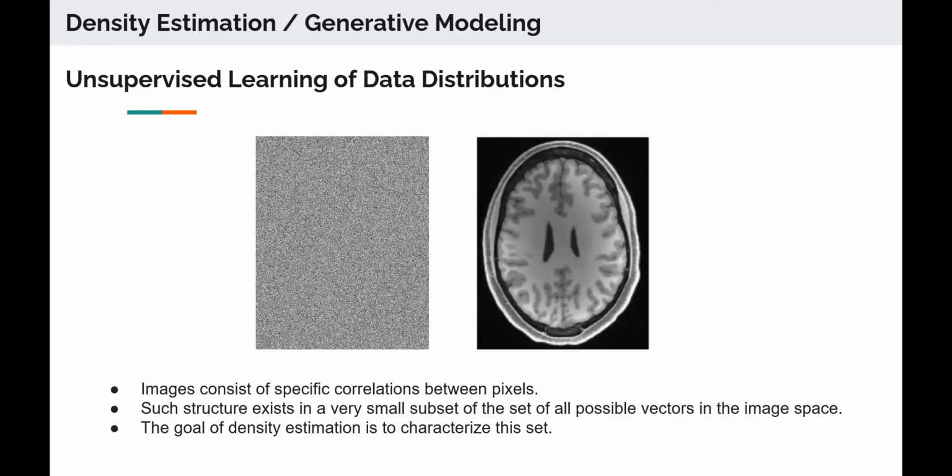Again, let's look at our case of 100 by 100 images. Images are points in a 10,000 dimensional space. This is a really vast space. Now think of a randomly chosen point in this 10,000 dimensional space.